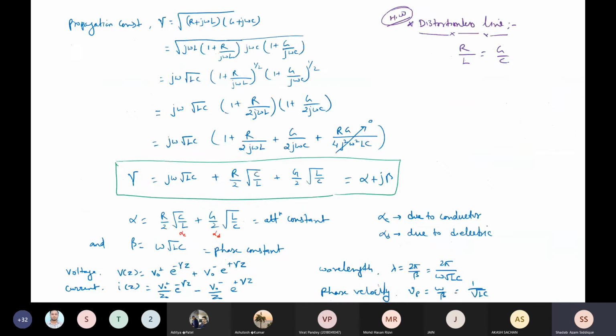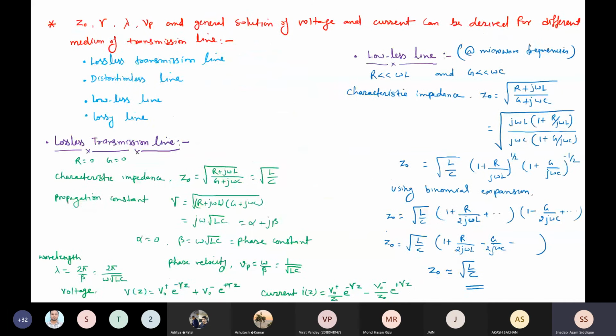Now we will go through, in a very quick 5 more minutes, the different types of medium which are possible for the transmission line.